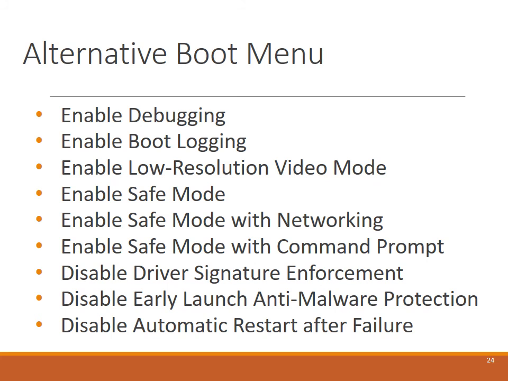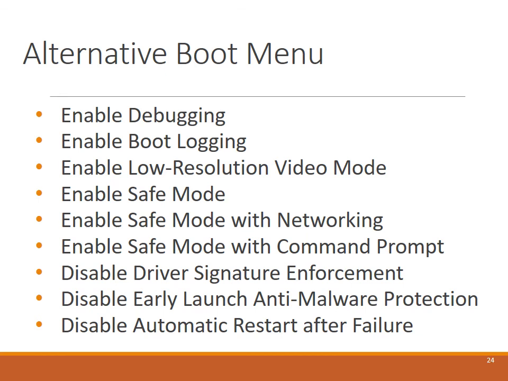Once you've rebooted your machine into the Advanced Startup menu and you've accessed the alternative boot menu, there are going to be several different options available to you. Let's go through them one by one. Enable debugging is basically the same thing as downloading that checked/debug build from MSDN, or excuse me, from DreamSpark.